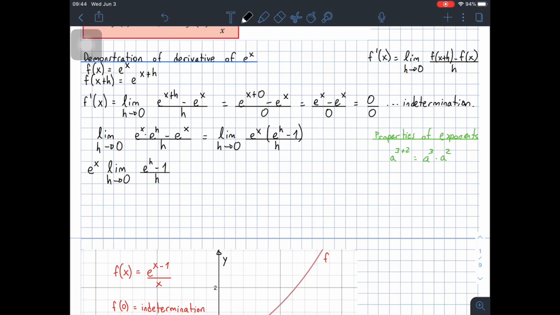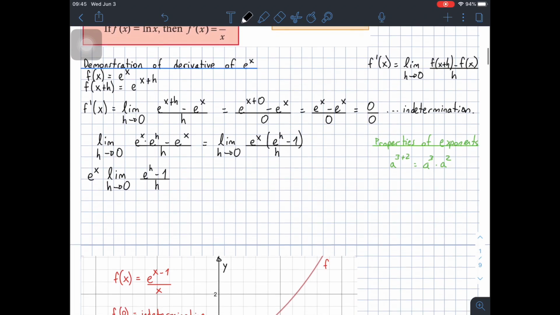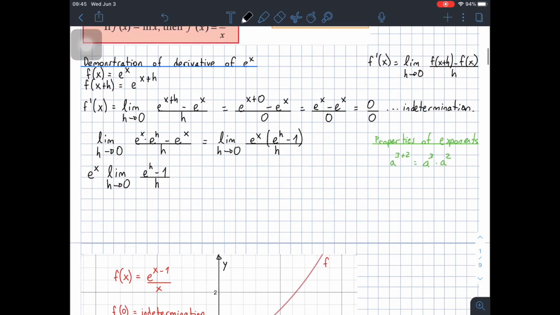Okay, so for this expression here, I'm going to try to find graphically what is the limit of this function. Let me show you this down here.